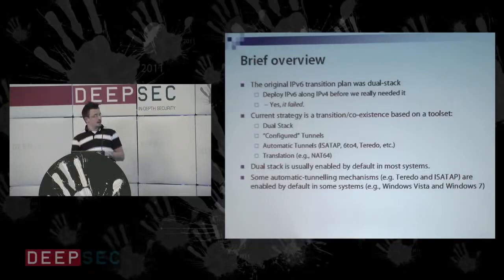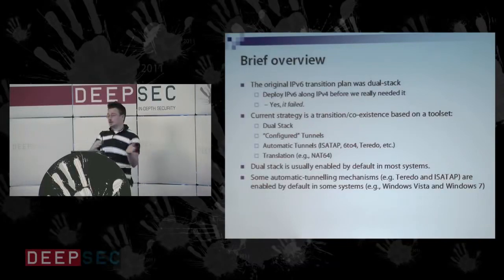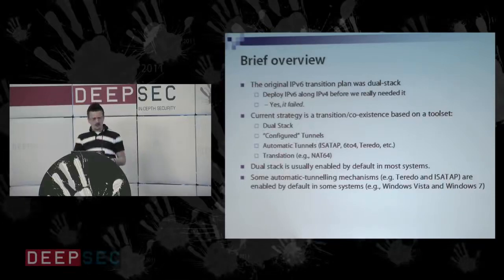Most of the stacks available in general purpose operating systems support dual stack, and they also support some form of transition technology. For example, in the case of Windows, it's dual stack, but it also supports Teredo, ISATAP, and I think one other, 6to4.